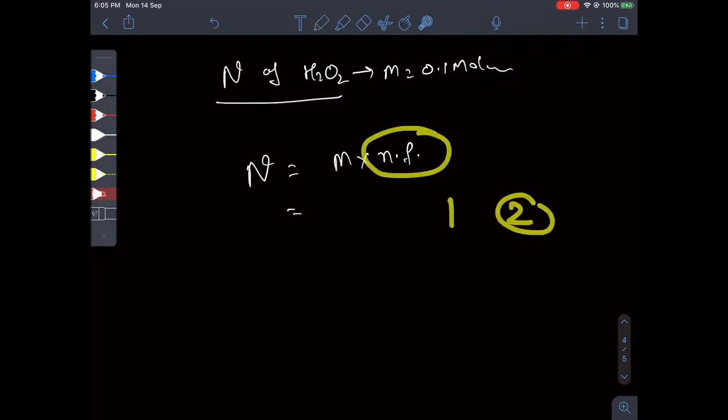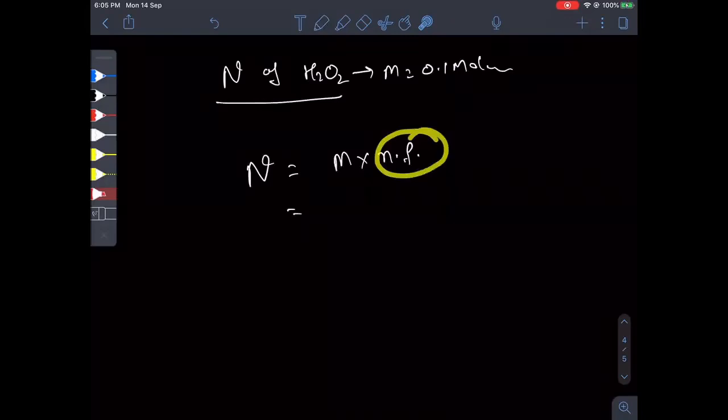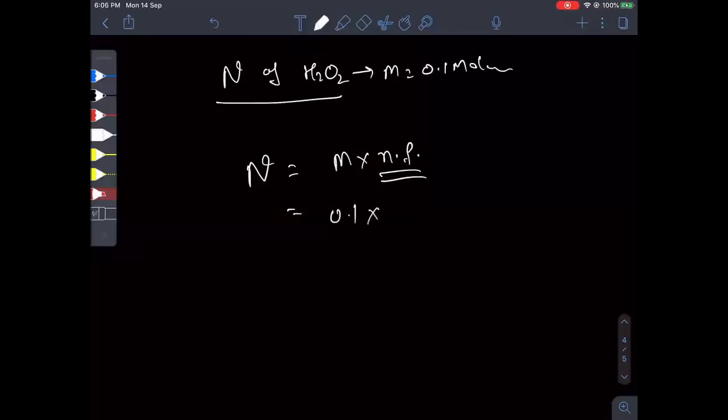Whenever we talk about normality, it is mostly used when it is reacting with some other species rather than self-decomposition. That's why whenever such a question is asked, you consider this N factor as 2 unless the reaction is given to you. So take it 2. So it will be 0.1 into 2, that will be 0.2. Normality will be 0.2. So that is my answer.